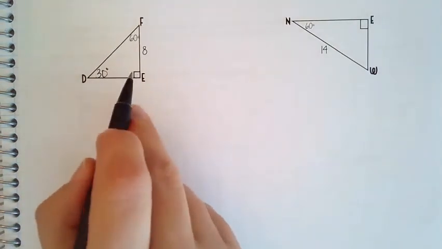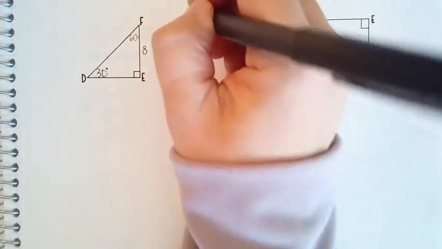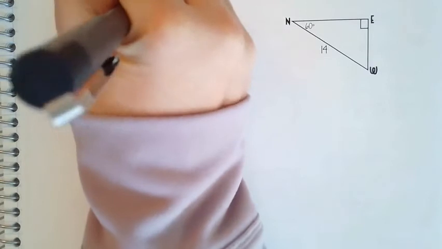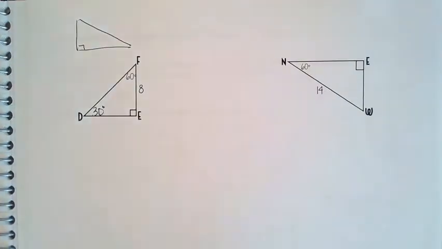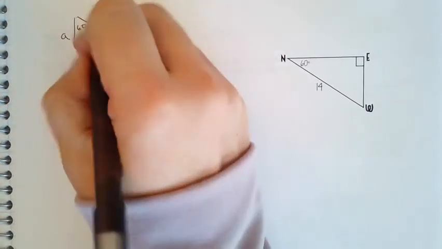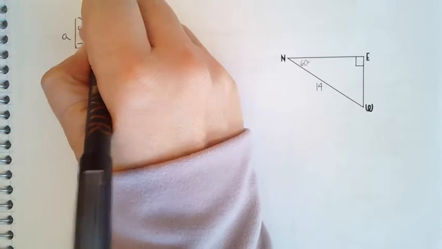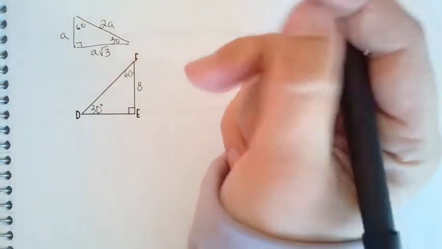So if you're like me, you can rearrange any of these triangles to look like the triangles we've been looking at, but you don't have to. If you want to redraw this one to be in the same orientation as what we've been doing, that's fine. So this is the orientation we've been doing. Okay, but it's up to you.